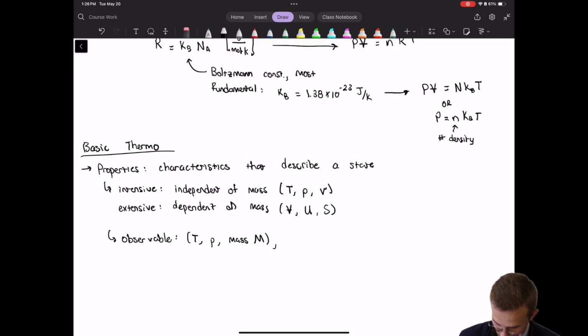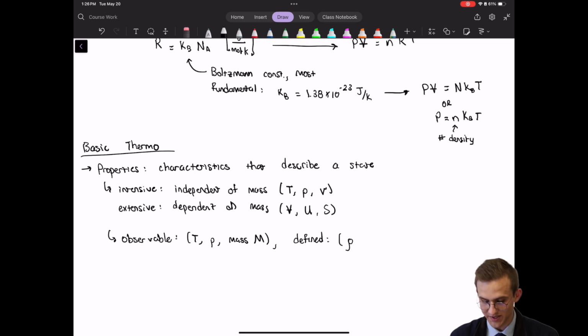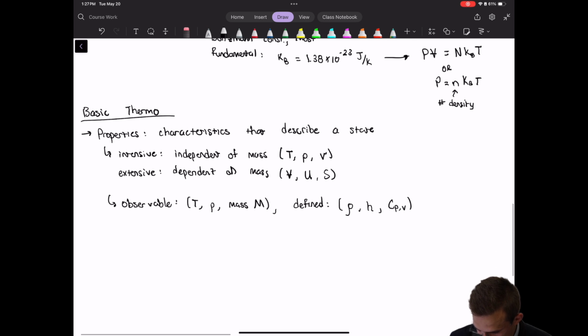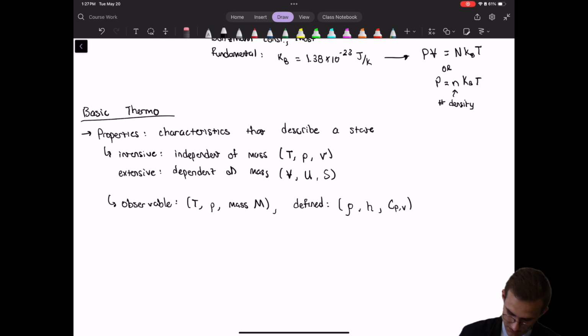There are also defined properties, things like density. You measure the volume and the total mass, and you get the density. The enthalpy is a defined quantity, and also things like the specific heat capacities. We'll talk about those in a bit.